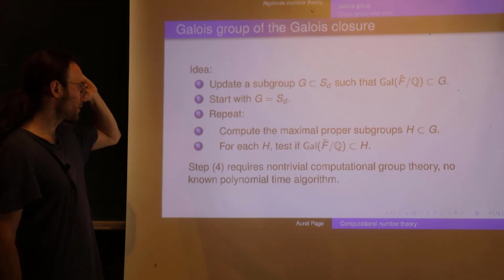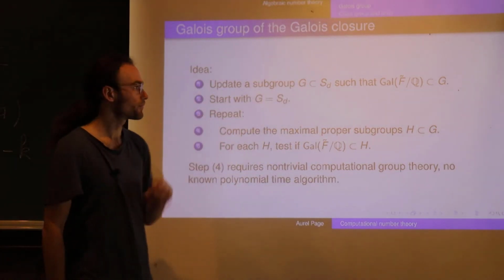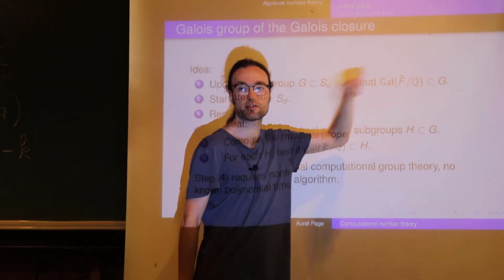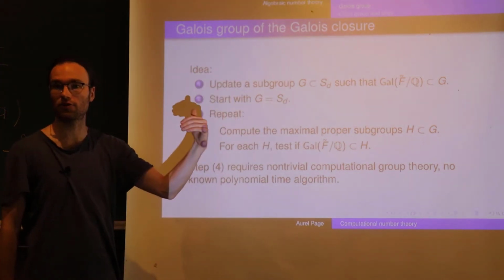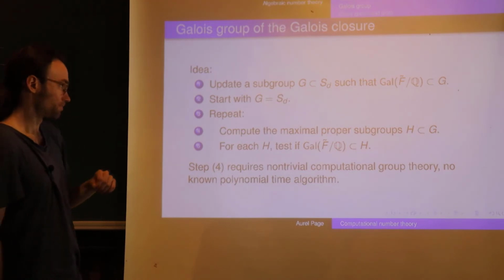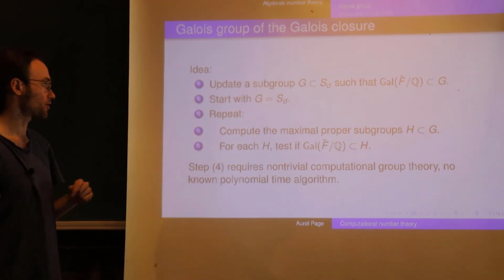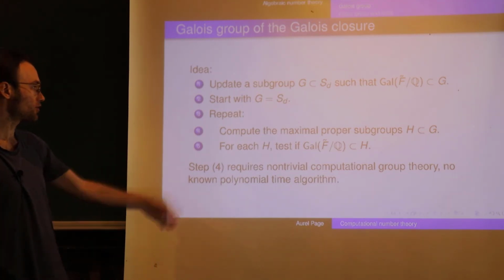We're going to maintain a subgroup G of the symmetric group satisfying the property that the Galois group is actually contained in G. And we will try to make it smaller and smaller until it's exactly the correct Galois group. So we start with the symmetric group because we know the Galois group is a subgroup of the symmetric group. And we'll repeat the following operation.